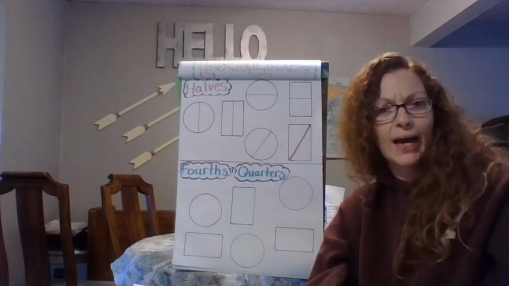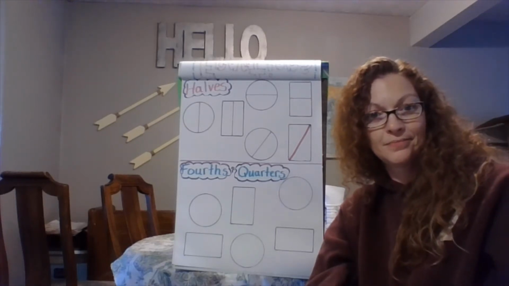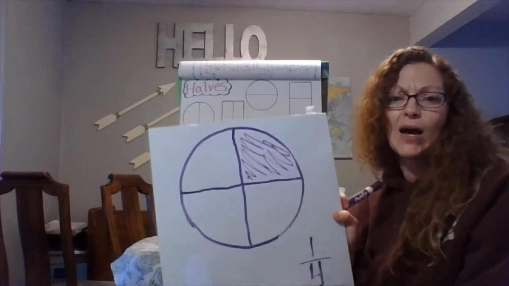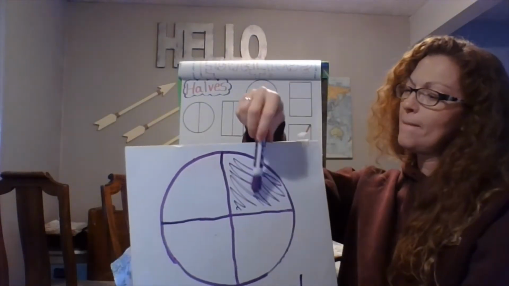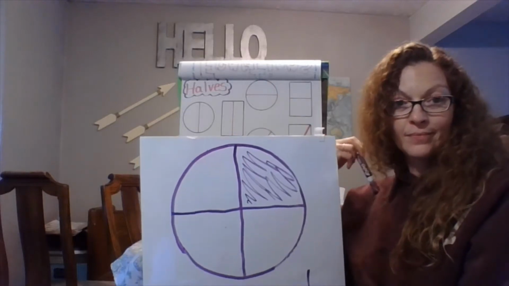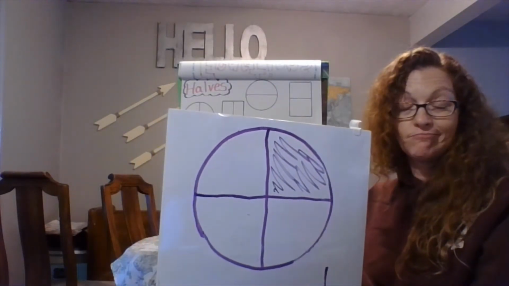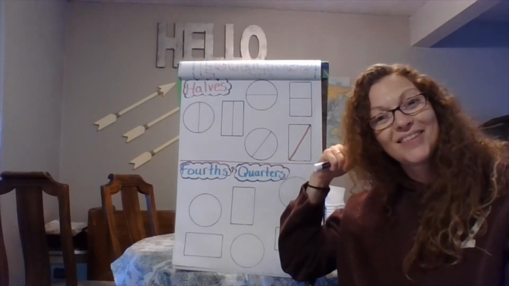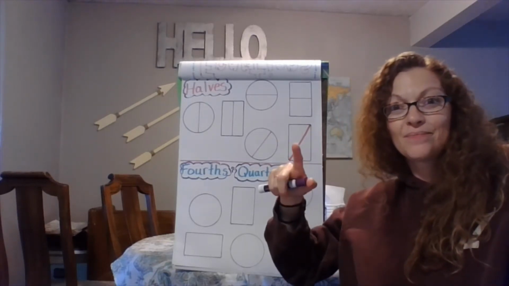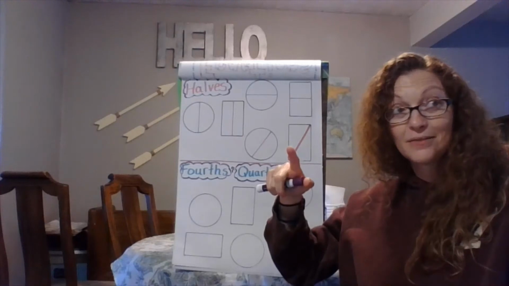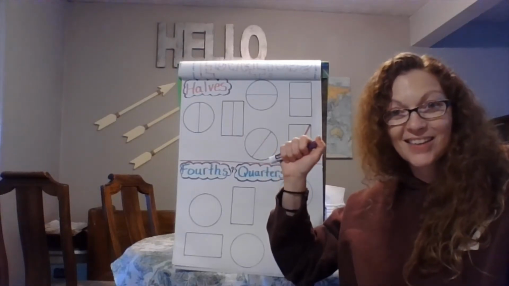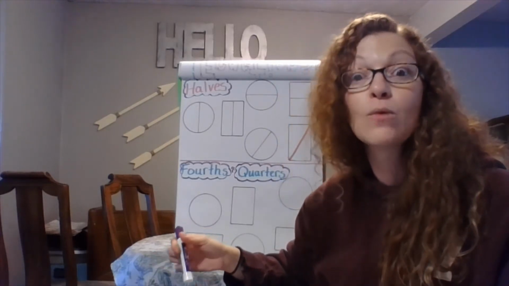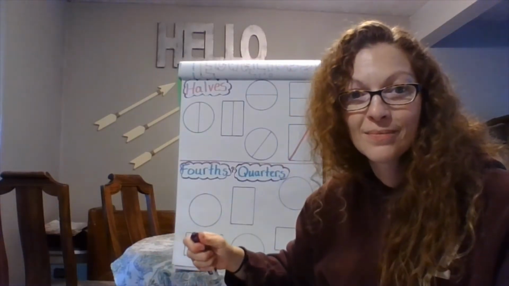Do you think you know why it could be quarters? Well, think about how many parts are there? 4. So think about 4 quarters. I heard somebody say it. Football? Football has 4 quarters. Yeah. Who said that? $1? There's 4 quarters in one whole dollar. Yep.